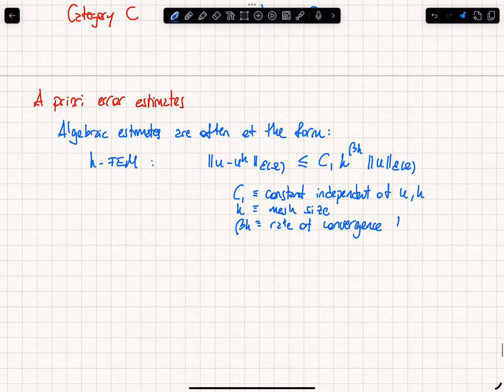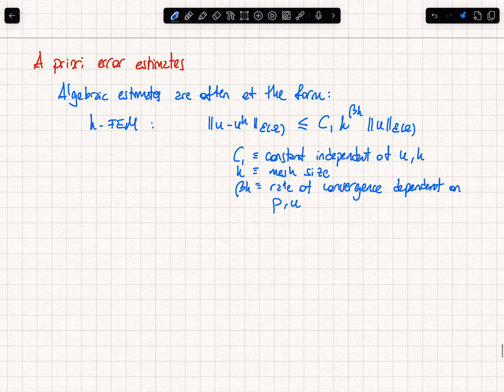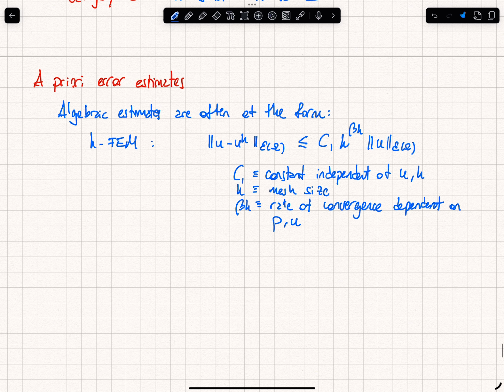And that is dependent on the polynomial interpolation that we use and the exact solution. And we will see in a minute how this looks like. Again, we're gonna use log-log plots also in the project, right?